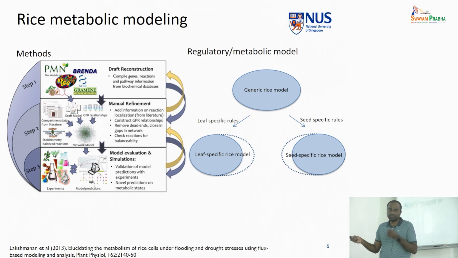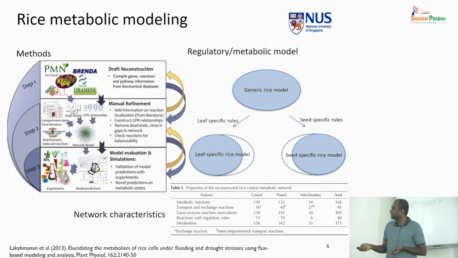This is not a genome level model. So this does not take into account all the encoded genes, potential genes, but a subset of metabolic genes. Then we used regulatory rules to understand which of the genes among them are expressed, and what would be conditionally specific. This enabled us to have a leaf specific metabolic network as well as a seed specific metabolic network.